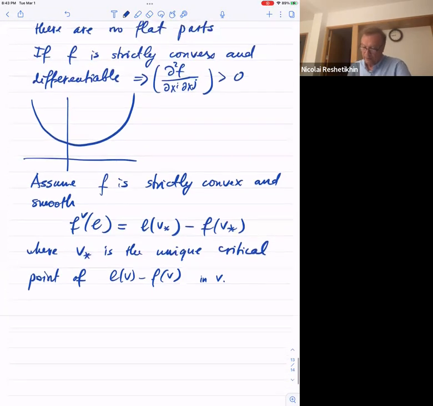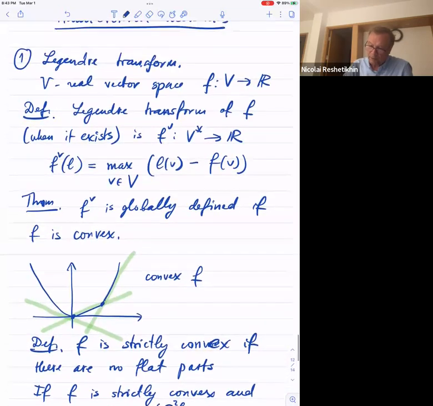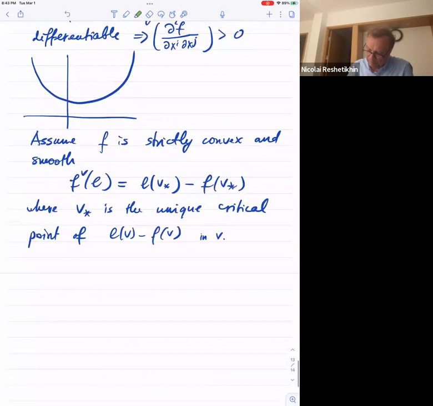Okay, so this is the definition. This is the theorem.